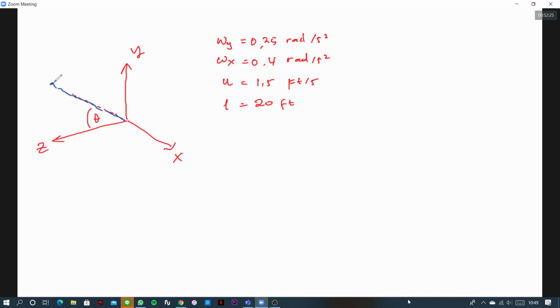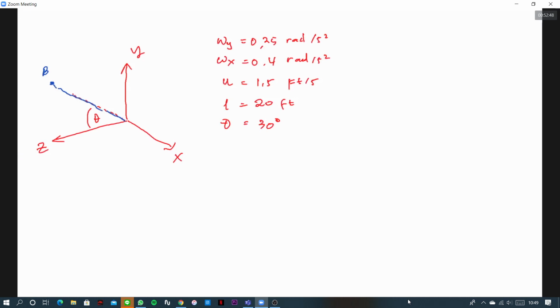Okay, so here is point B. This is point B. So theta is 30 degrees. Now find the total acceleration of point B.